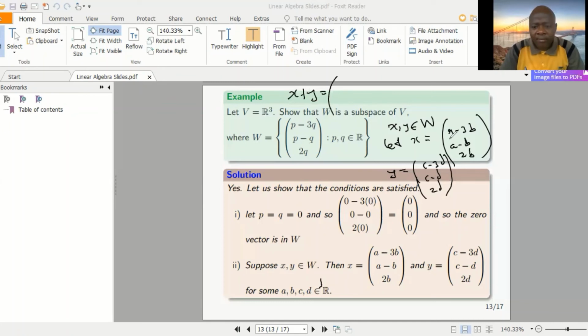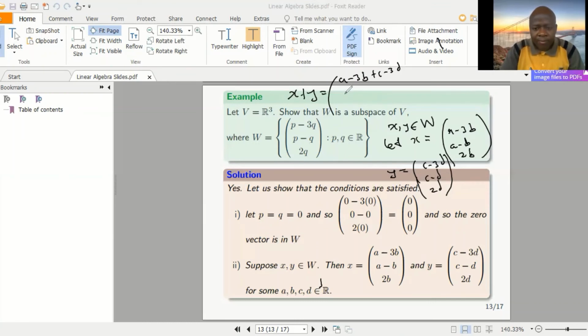So let's just get the sum. Of course, we are adding the first elements. So the sum will be m minus 3b plus c minus 3d.